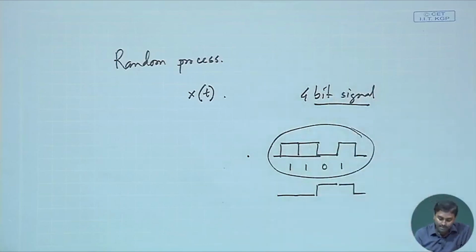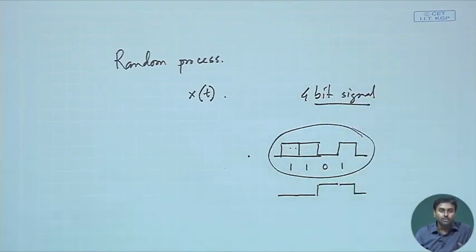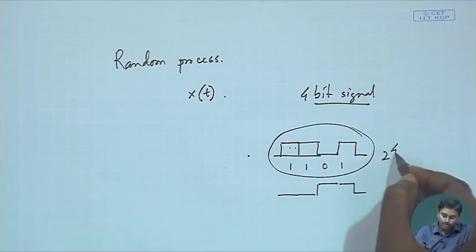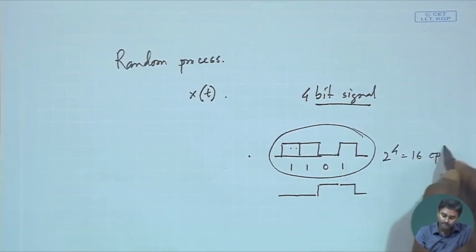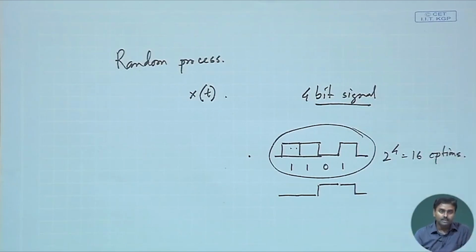How many of them will be there? Because each bit has 2 options, it is 2 to the power 4. So, there will be 16 options, just like you are rolling a die or tossing a coin, right. It has 2 options, or rolling a die has 6 options, but there we do not have the notion of time, it is just a single thing that you observe, right.